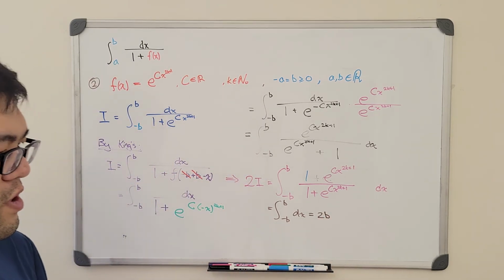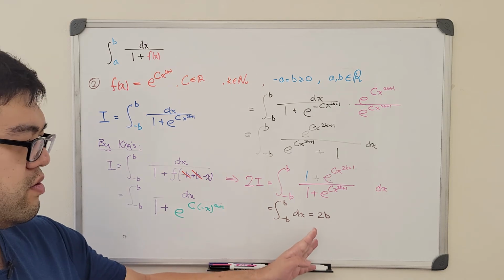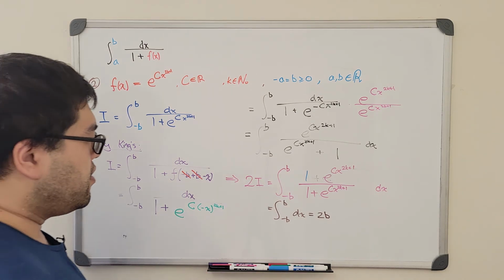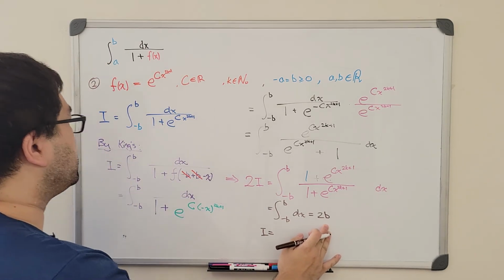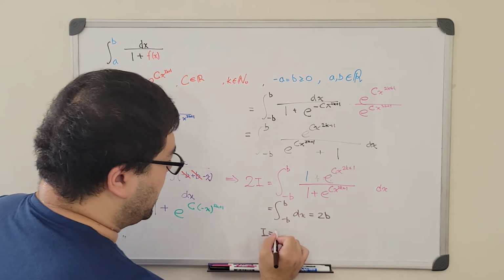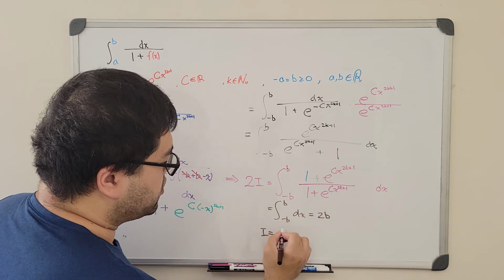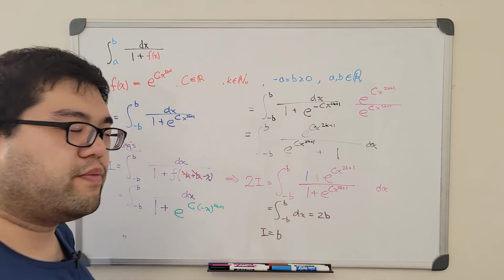So the area would just be 2b times 1, which is 2b, meaning by dividing both sides by 2, we get the initial integral is equal to just b.